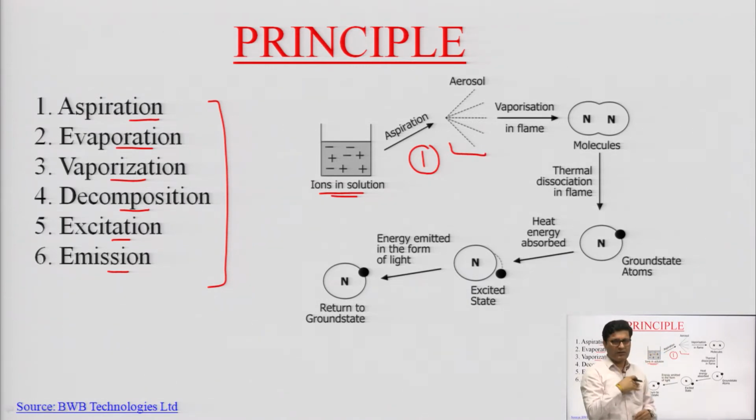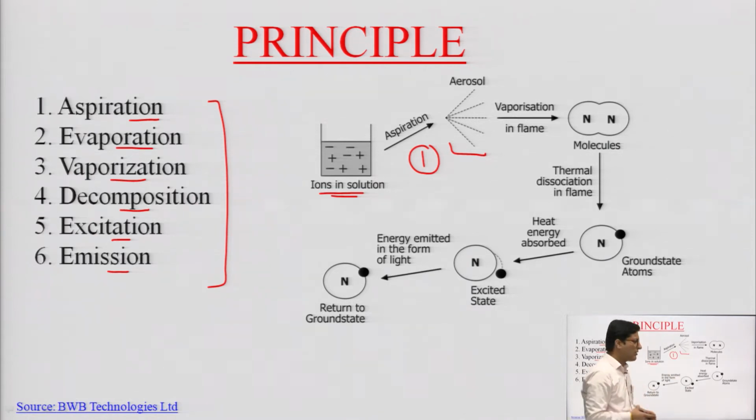As these fine droplets of aerosol come in contact with the flame, due to the temperature of the flame the solvent becomes evaporated, and after evaporation the salt goes to the vapor state.